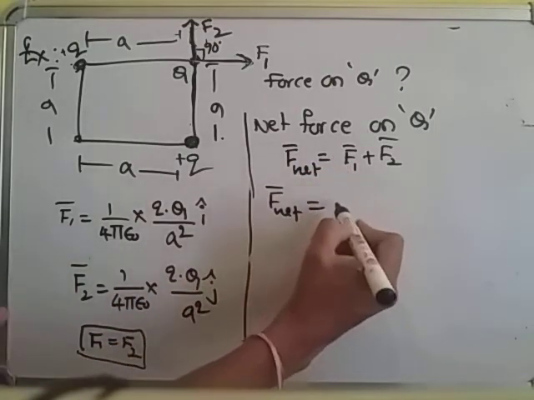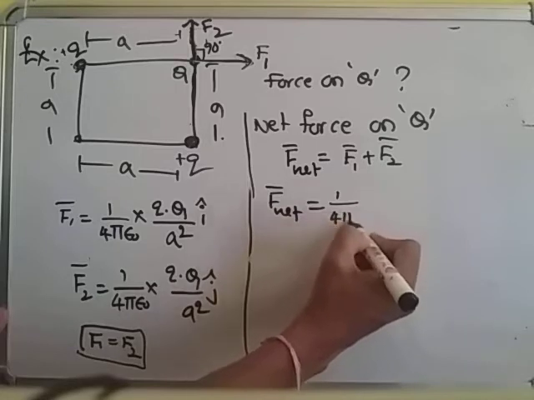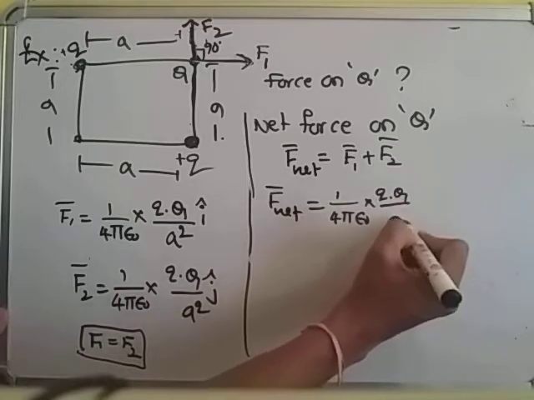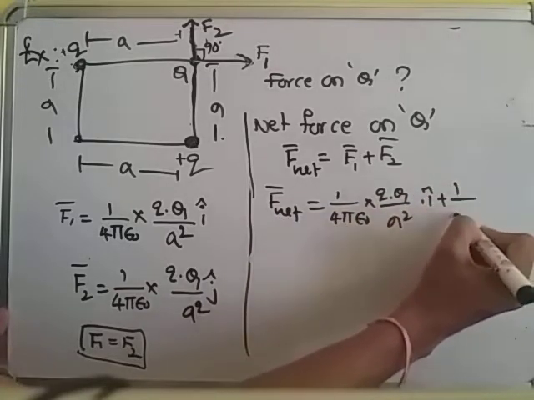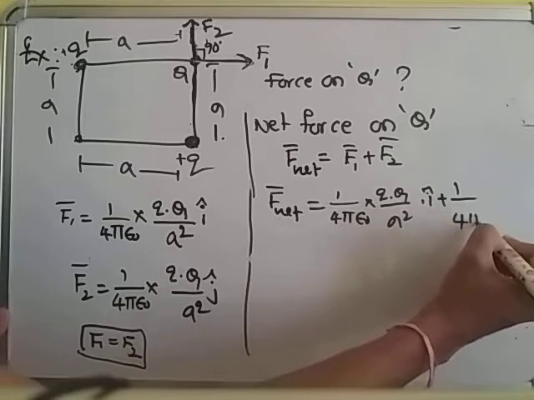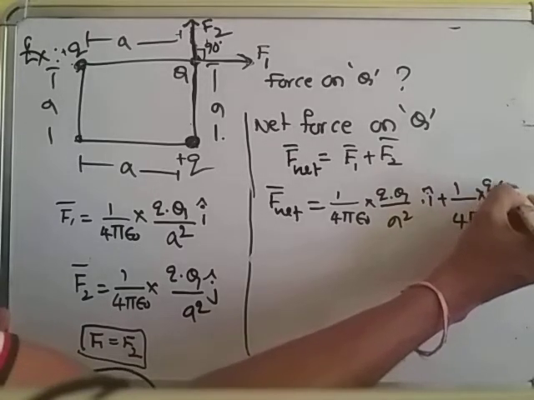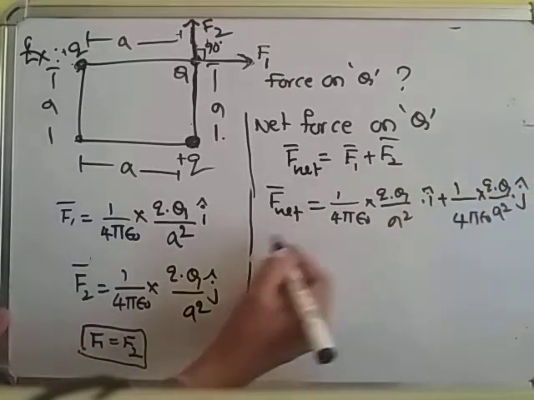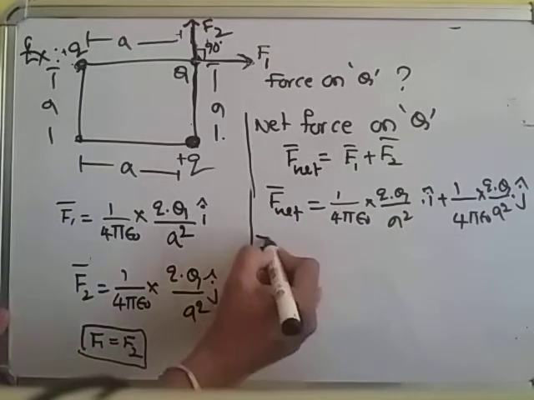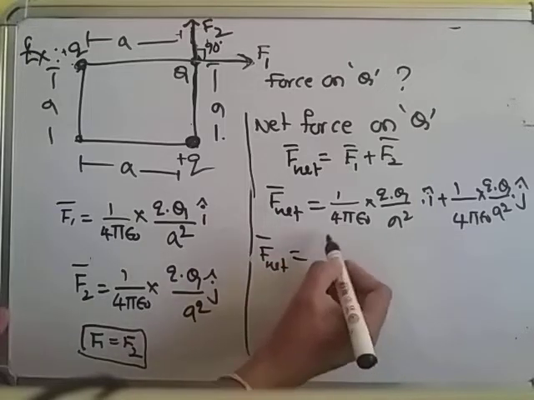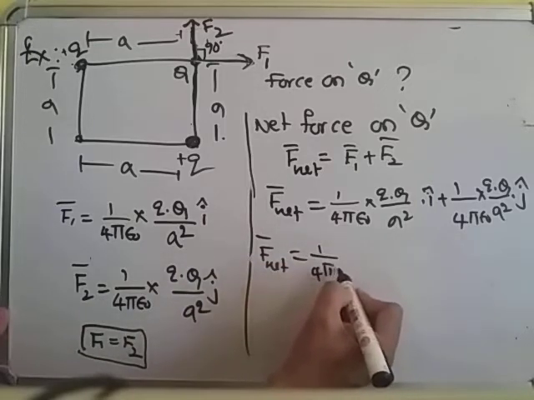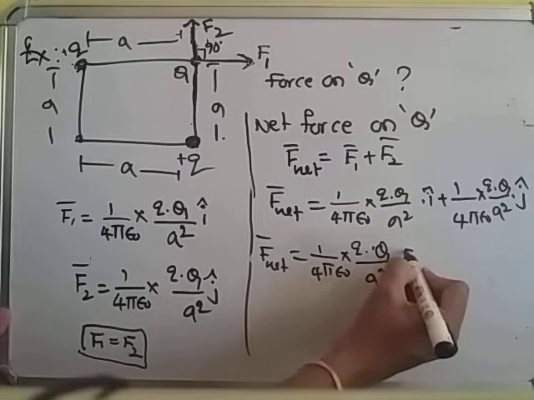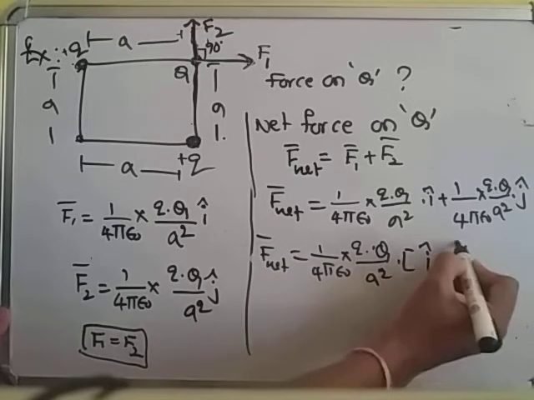Now F1 bar is 1 by 4 pi epsilon naught into small q into capital Q by a square into I cap, plus 1 by 4 pi epsilon naught into small q into capital Q by a square into J cap. Here something is common, 1 by 4 pi epsilon naught into small q into capital Q by a square. The remaining we will get is I cap plus J cap.